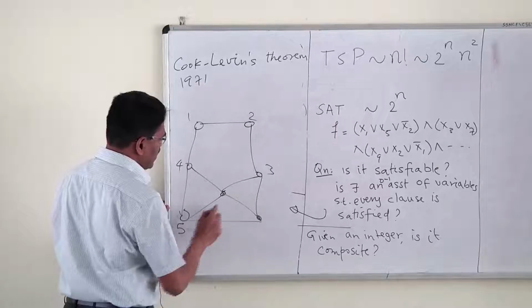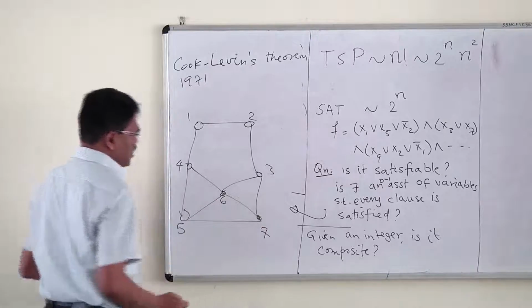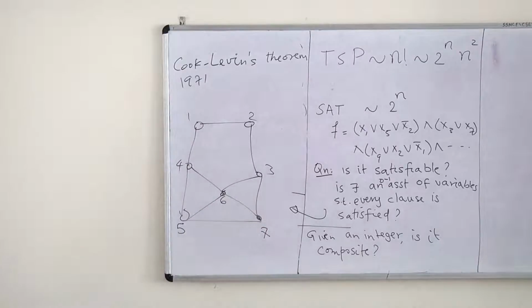It's very similar to clique. So, I have a 7-vertex graph. Can you give me the maximum independent set in this graph? This is a set of vertices where between any pair there is no edge. For example, the set 1, 3 is independent. There is no edge between 1 and 3. Is there a larger independent set?